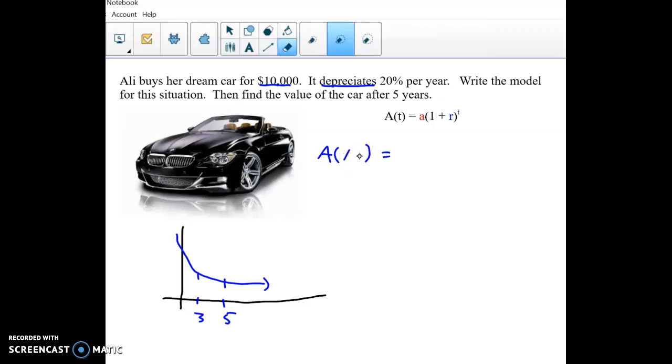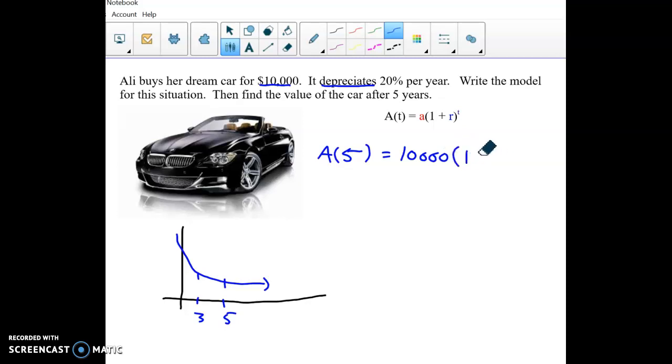Oftentimes what I'll see is students will say, okay, we got 5 years, and they do the amount of 10,000, and then they do 1 plus the rate as a decimal. So for 20%, the decimal starts here, and we move it over twice. So it's 0.2, and then the power is 5.